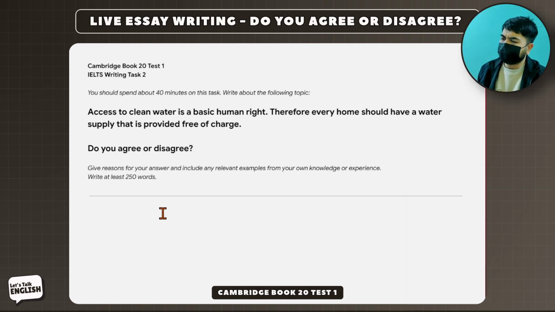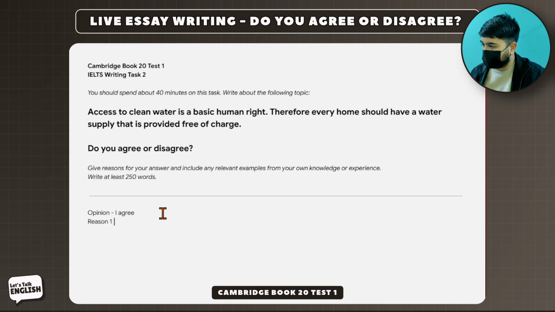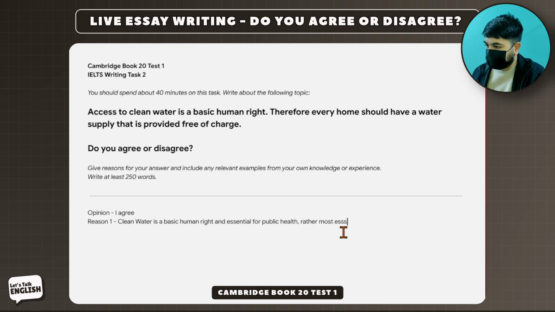Do you agree or disagree? Yes, I agree. So my opinion here is I agree. Reason one: I agree with this because I feel clean water is a basic human right and essential for public health. Rather, the most essential thing.